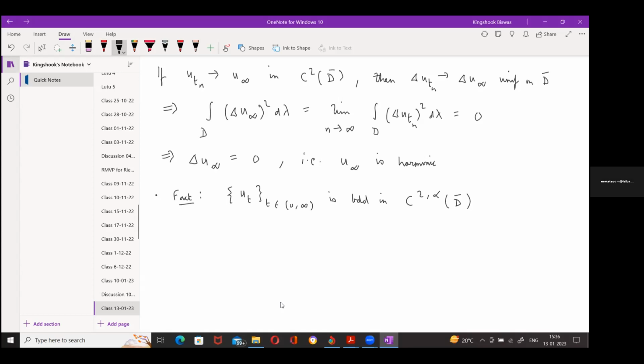So what is this? This is what's called a Holder space of functions.